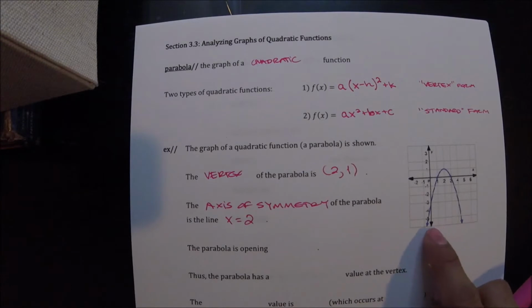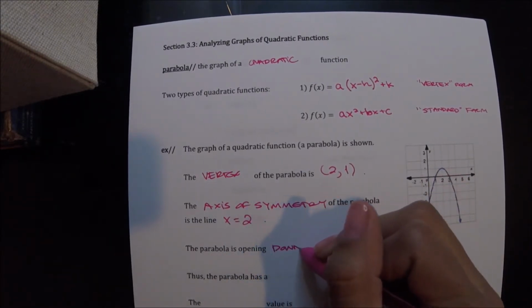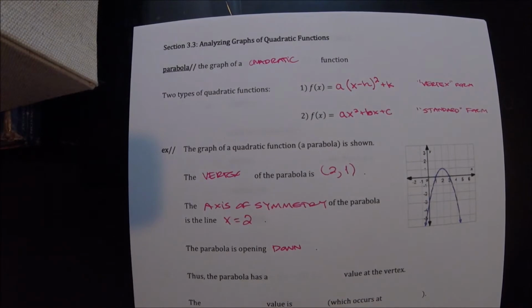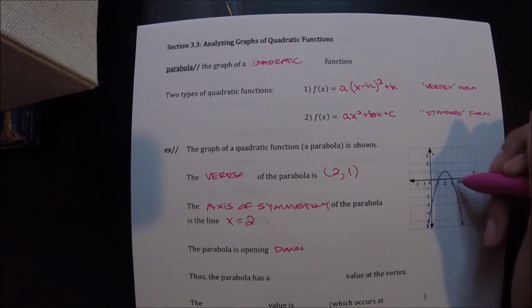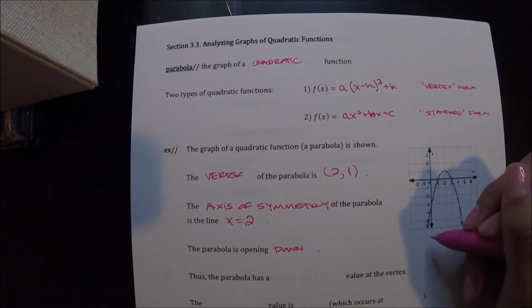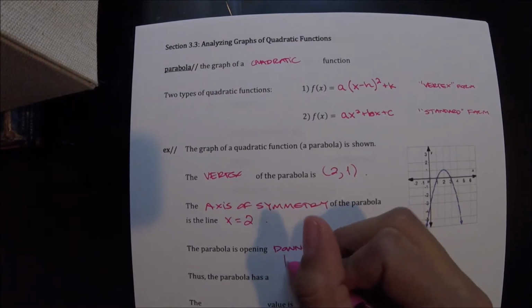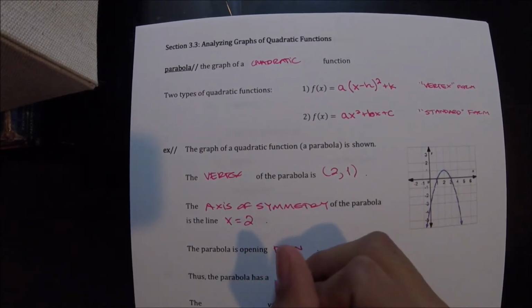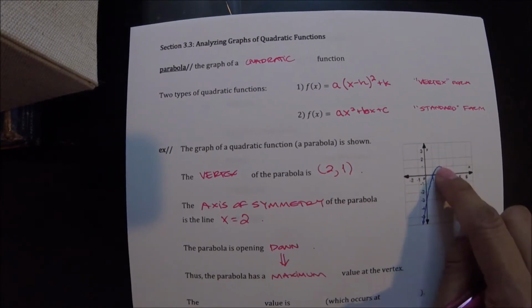And then we would say that this parabola is opening down. And since it's opening down, it reaches a maximum point, hits it, and then comes back around. So since it's opening down, the parabola has a maximum value at that vertex.